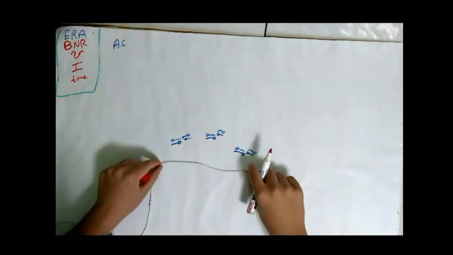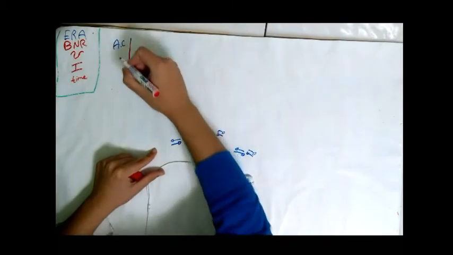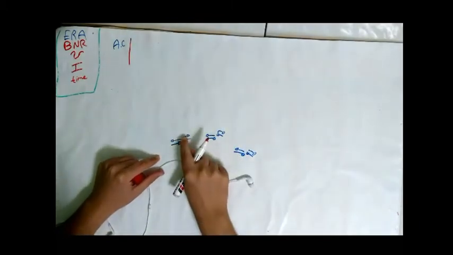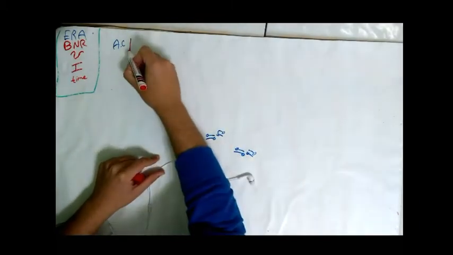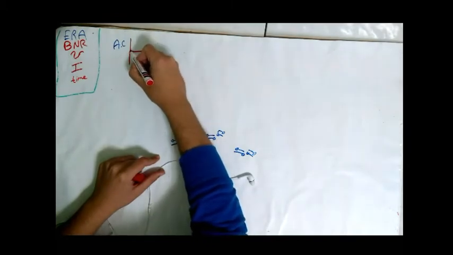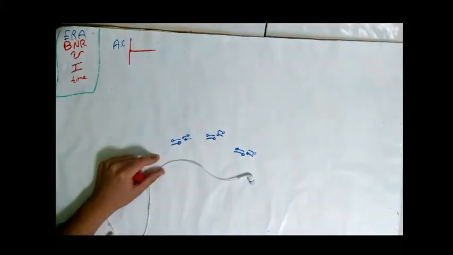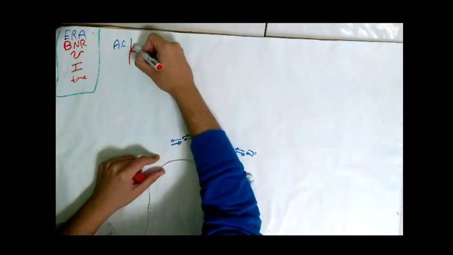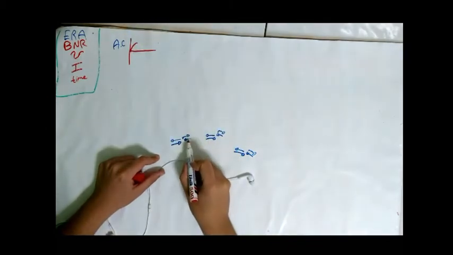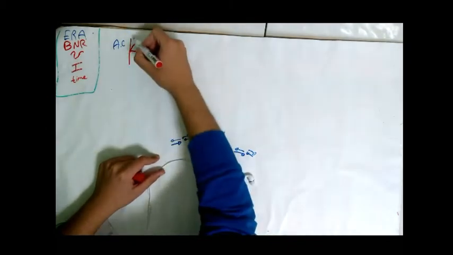If I want to draw a graph representative of the alternating current, the graph will be like this. First, the electron moves forward. This is the original position of the electron or atoms. The electron moves forward, then it returns back to its original position.